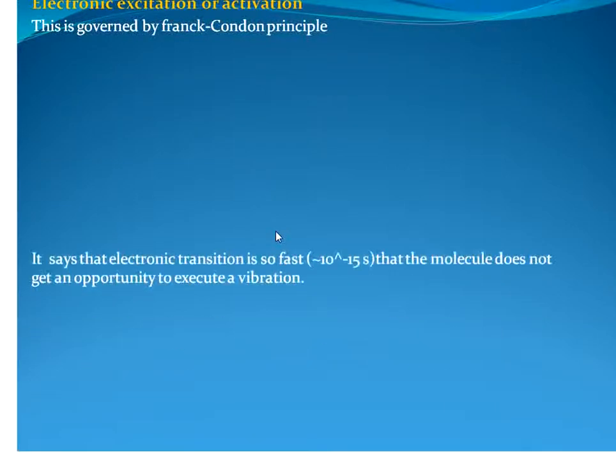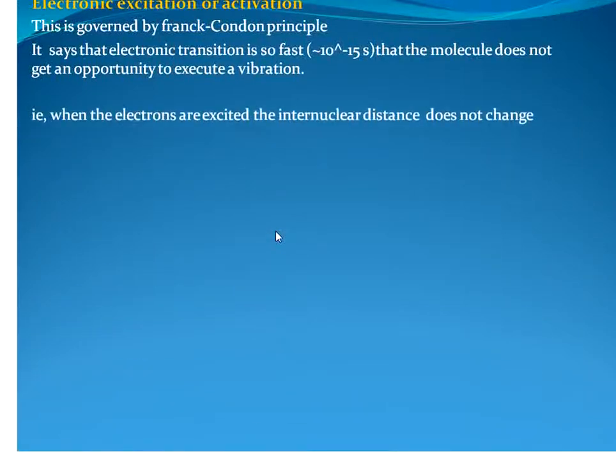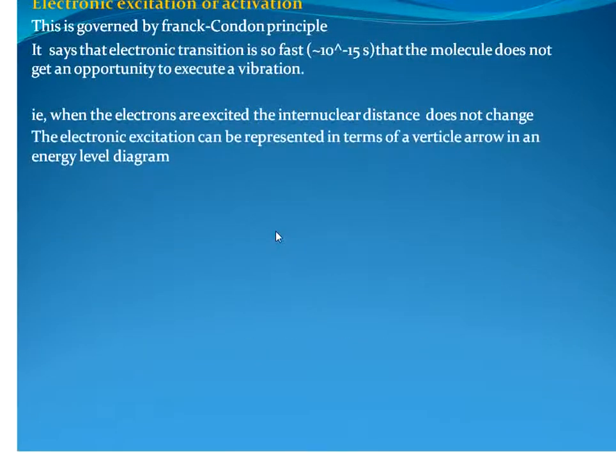It means that the transition is very, very fast, about 10 to the power negative 15 seconds. So the molecule does not get an opportunity to execute vibration. That is to say, when the electrons are excited, the internuclear distance does not change.